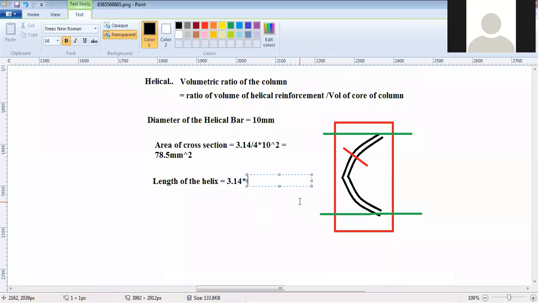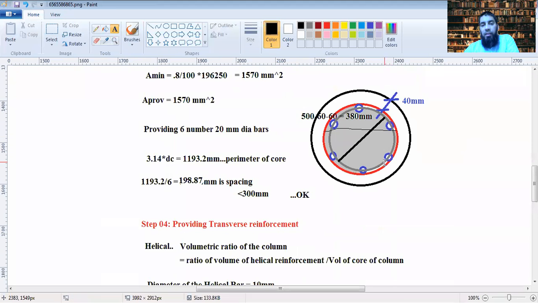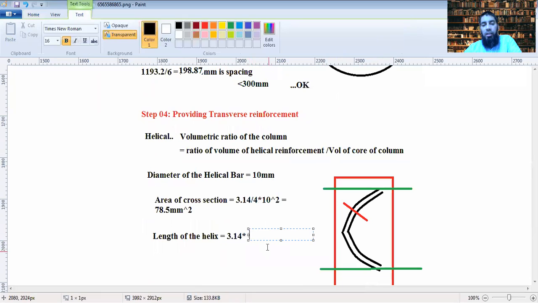No, you have to calculate at the center of this. That would be 45 minus 45 and 45 here. That's 90. It is 500 totally, no? Yeah, 500 minus 90.